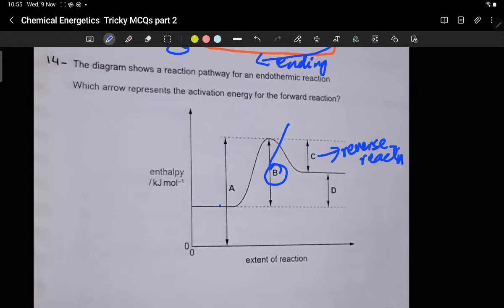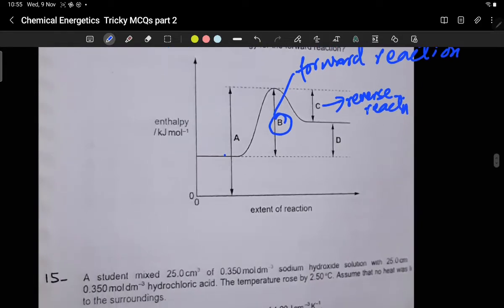But this is for the forward reaction, because this pathway is for an endothermic reaction. And this is the enthalpy change, not activation energy. So this is the activation energy.